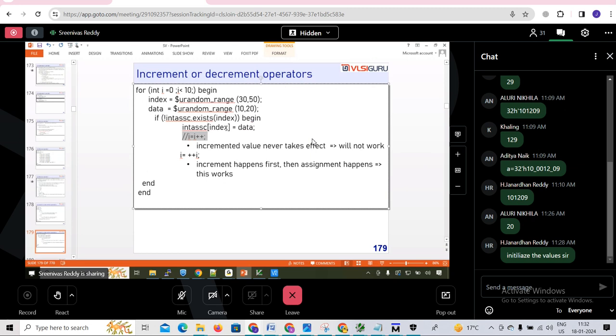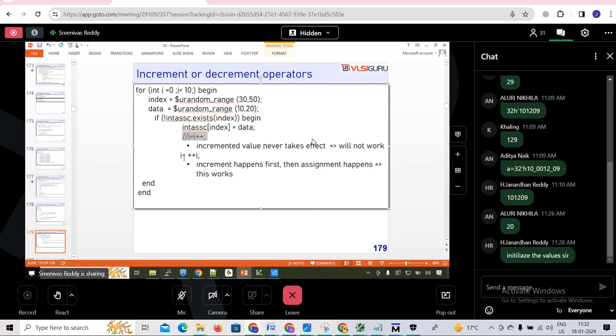You're going through a for loop and printing all the elements of an associative array. Here, instead of doing I plus plus, let's say I write I equal to I plus plus, this will be a problem. The increment value never takes effect. So hence it will not work.